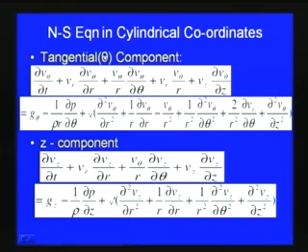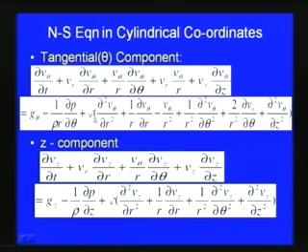And then the tangential component, the theta component, can be written like this: del V theta by del t plus Vr into del V theta by del r plus V theta by r into del V theta by del theta plus Vr into V theta by r plus Vz into del V theta by del z is equal to G theta minus 1 by rho r del P by del theta plus nu into del square V theta by del r square plus 1 by r del V theta by del r minus V theta by r square plus 1 by r square del square V theta by del theta square plus 2 by r square del Vr by del theta plus del square V theta by del z square.